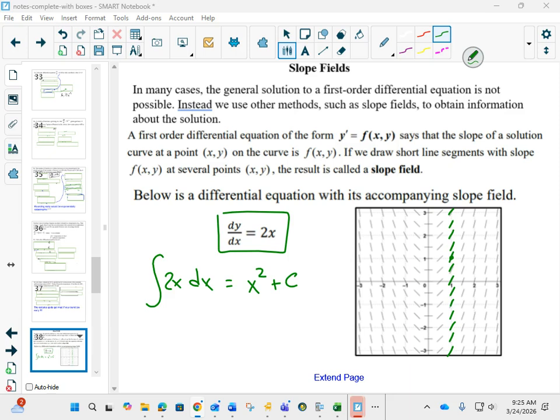So all of those slopes will be little tiny slopes of 2. If you plugged in 0 for x, do you see that you would get a slope of 0? Slopes of 0 are flat. You see that all of these ones are flat.